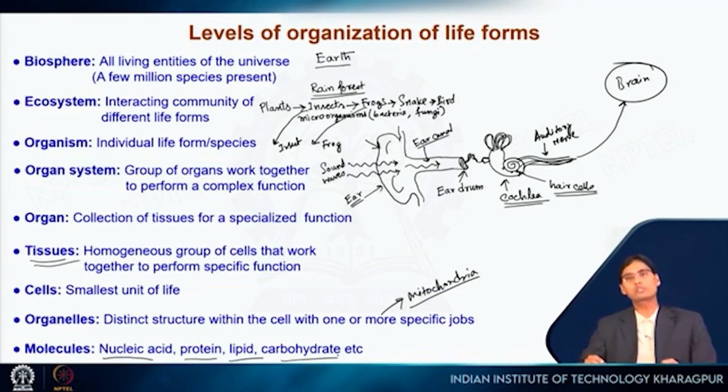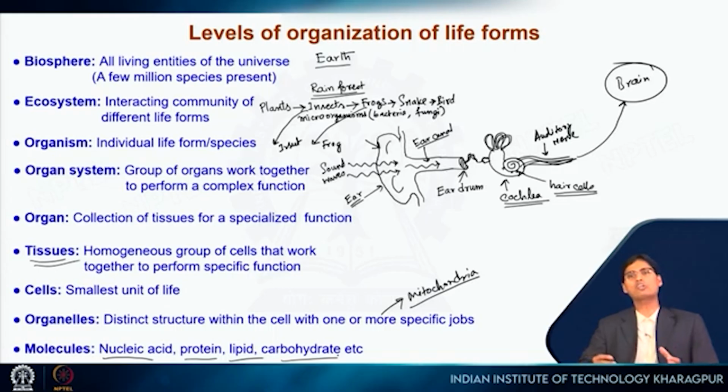But in this course, we will especially discuss the bottom half, from these molecules, organelles, cells, tissues up to that. We are not going to discuss the biosphere, ecosystem, organism, organ system. In our world we have different types of biodiversity, different types of organisms.